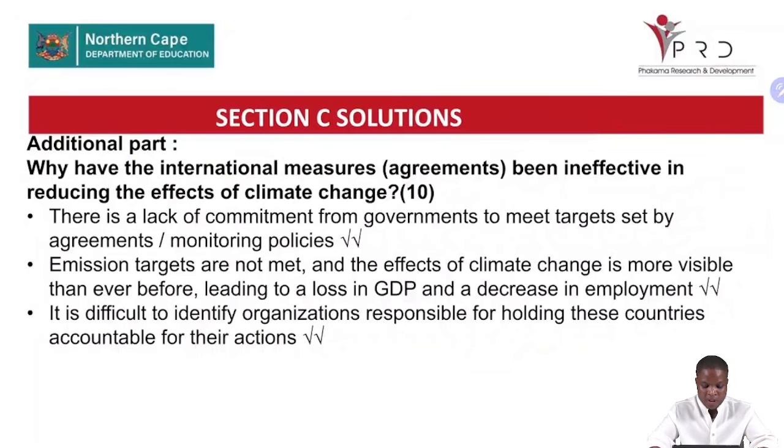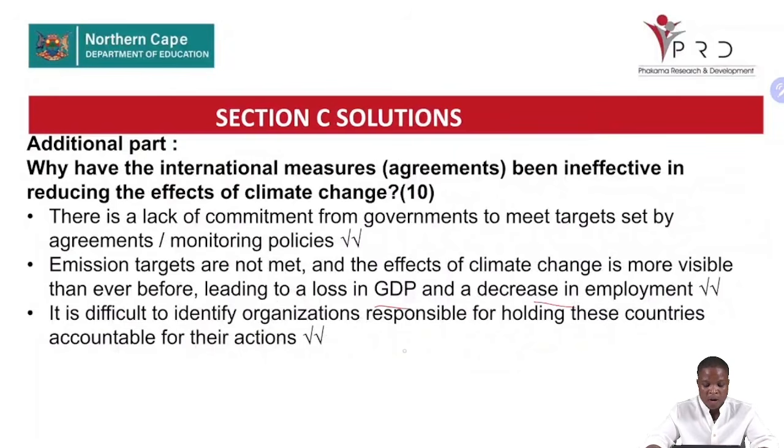Emission targets are not met, and the effects of climate change are more visible than ever before, leading to loss in GDP and decreasing employment, right? As now there is more climate change that can affect production and employment. It is difficult to identify organizations responsible for holding these countries accountable for their actions.